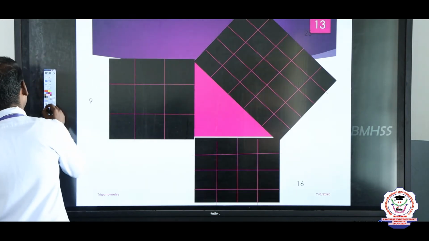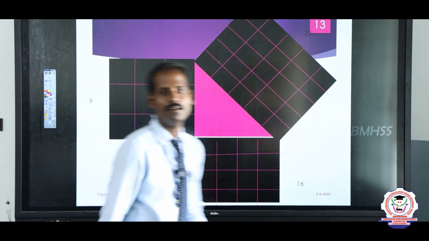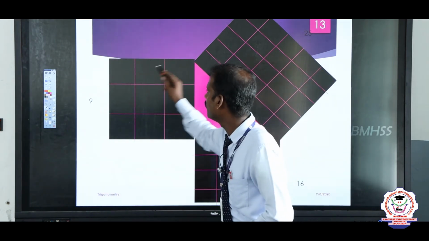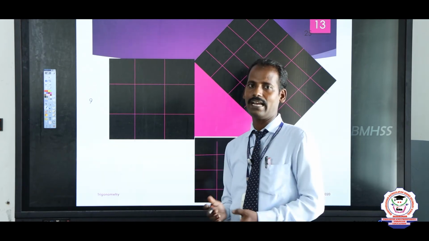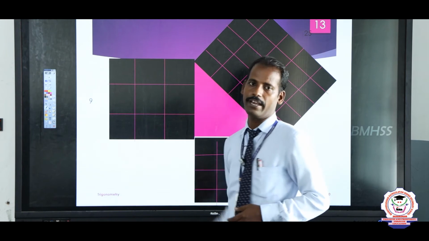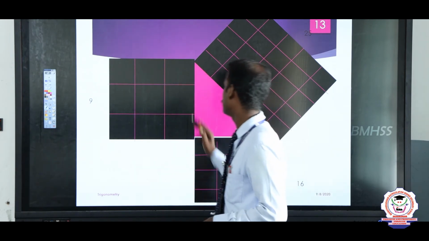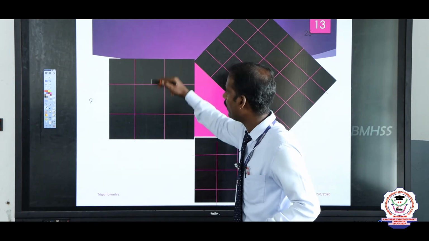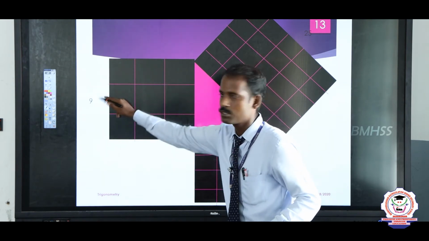Another example of the Pythagoras theorem. Basically I will explain it using a geometric shape. This is a square. How many squares are there? 1, 2, 3, 4, 5, 6, 7, 8, 9. So 9.